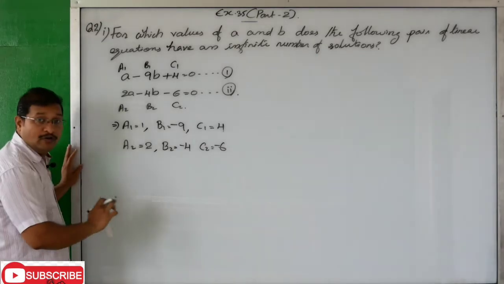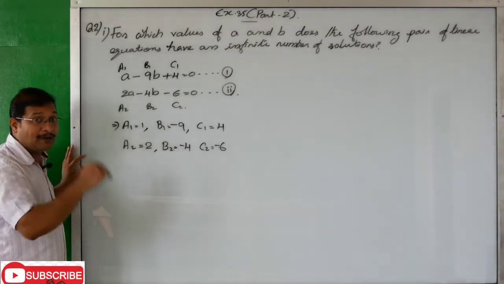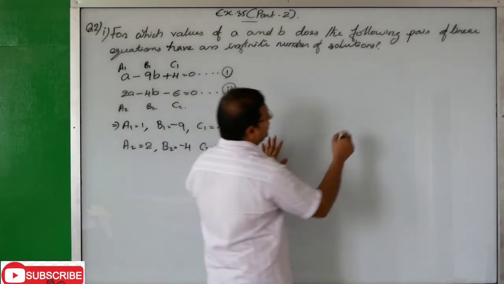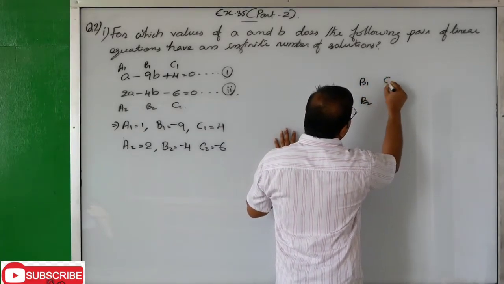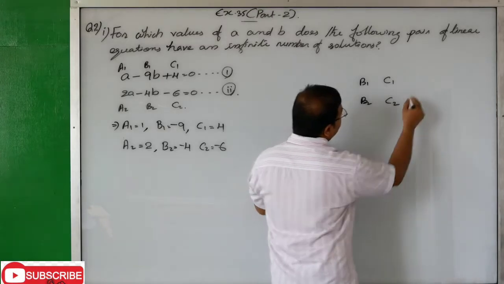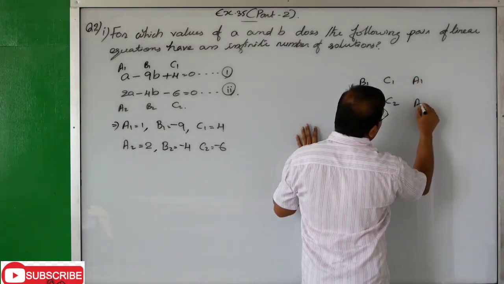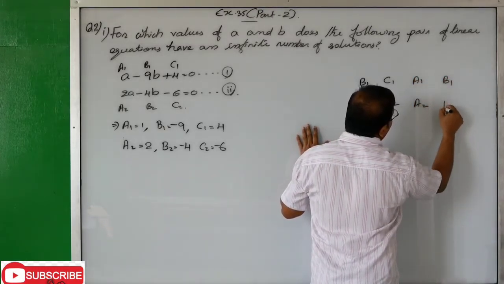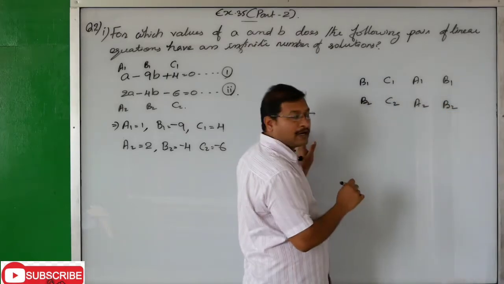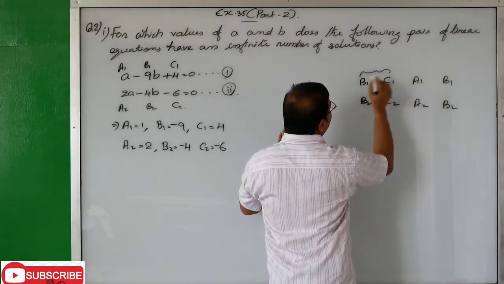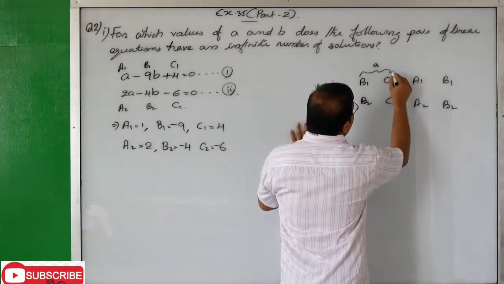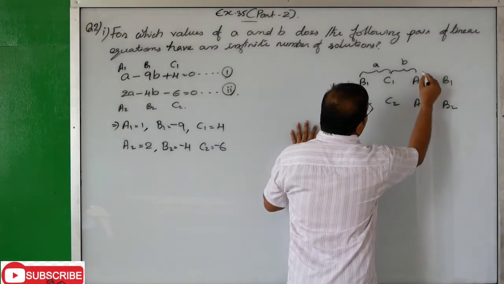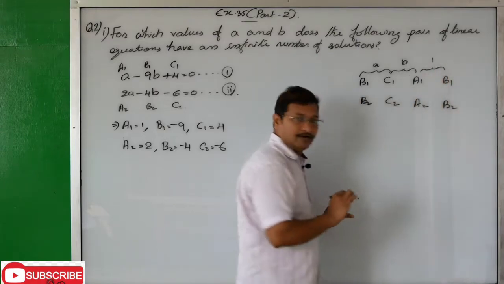Now what you will do? We will follow the cross multiplication method. The cross multiplication method is b1, b2, c1, c2, a1, a2, b1, b2. These two together will be, before we took x, here we will take a, and this will be b and this will be 1.